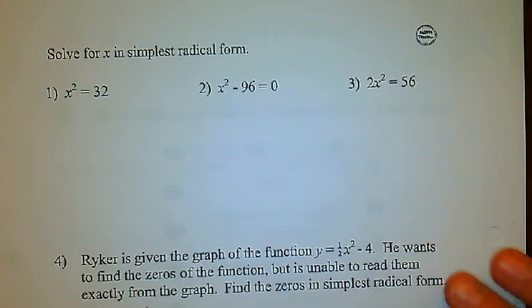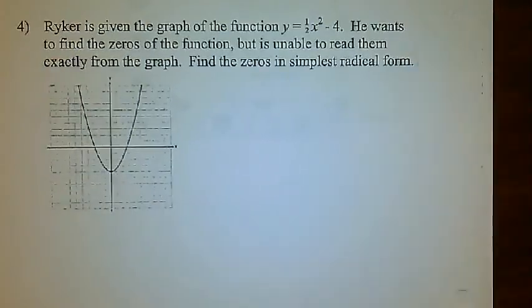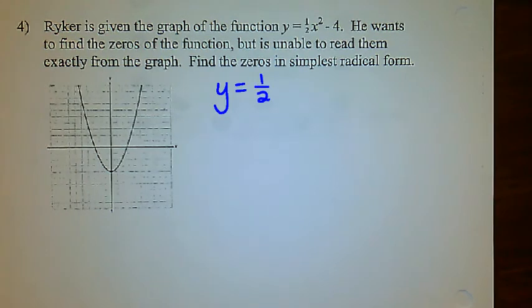On the next one, they want us to use the equation, and it just so happens that this worked out. I actually can't read this graph because you can't see the lines. But most of the time, as you can see, these are when your zeros are equal to a decimal.